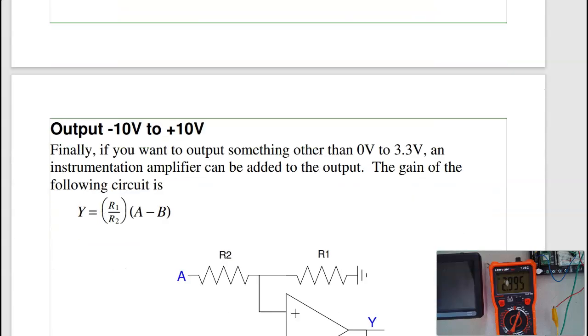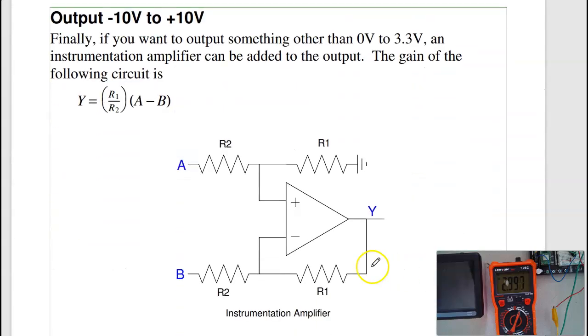the D to A. If you want to output more voltage, like -10 to +10, just use an instrumentation amplifier. For example, this one has a gain of R1 over R2 times A minus B. If the input is 0 to 5 volts, I want Y to be 4 times X minus 10.